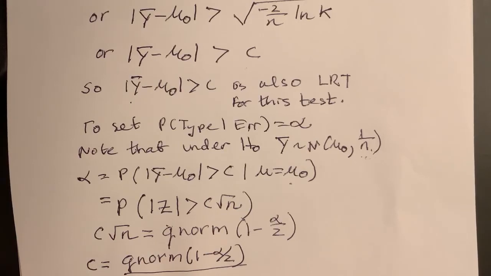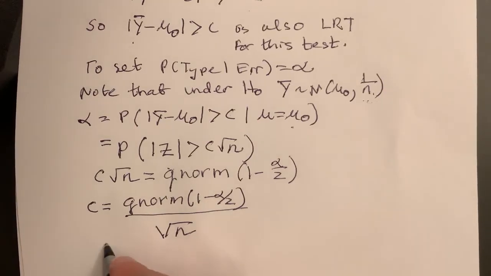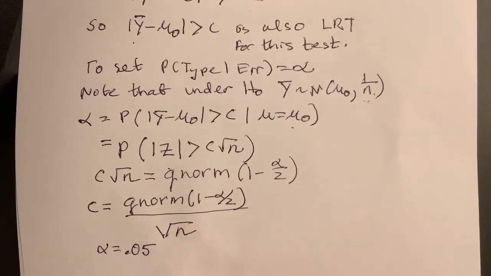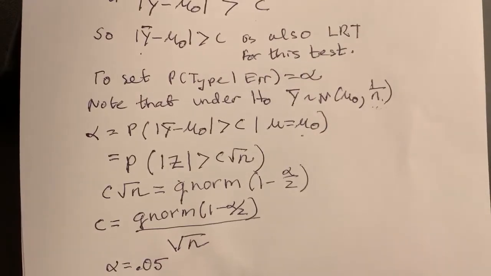So what is qnorm? If alpha equals 0.05, what is qnorm of 0.975? You would think I would know that. Does anybody know?